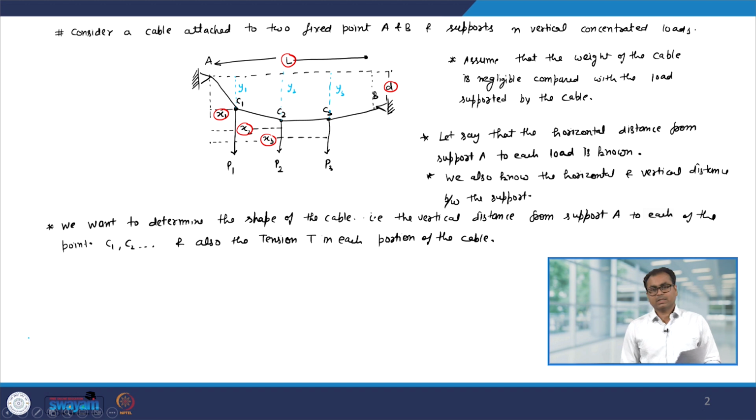So, to solve this kind of problem, first you can consider the free body diagram of the entire cable. So, this is the starting point.